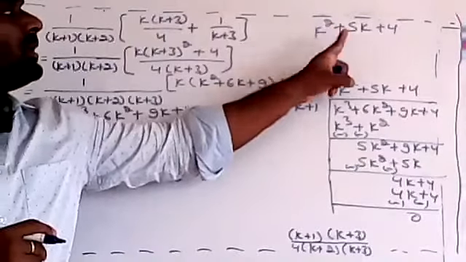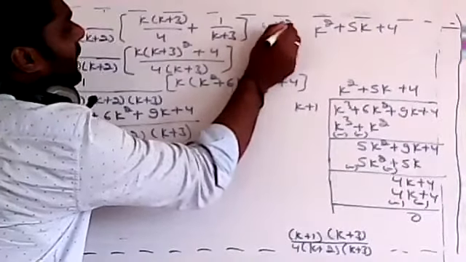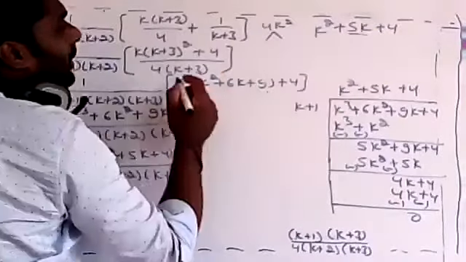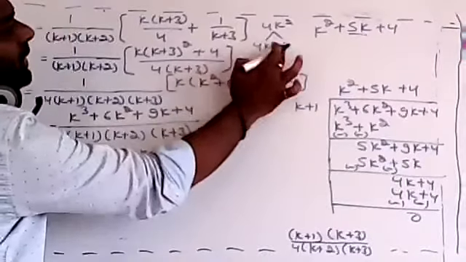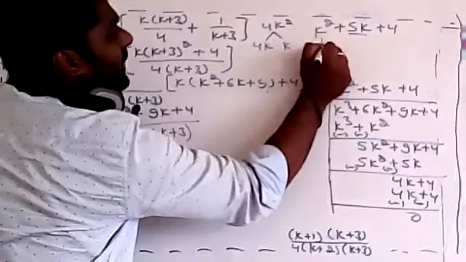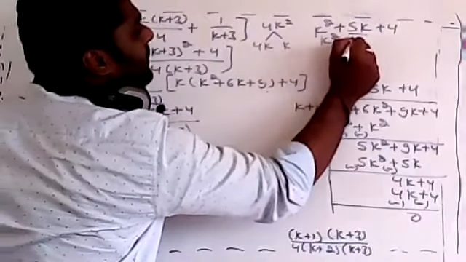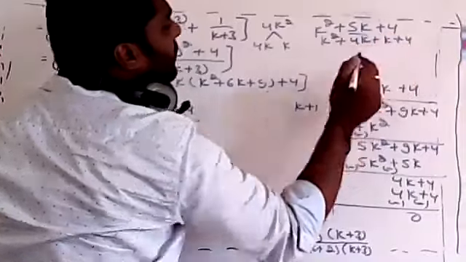To solve that one, 4k square we will get, but in the middle we want 5k, no? So 4k into k. You can check here, 4 into 1 is 4, k into k is k square, plus into plus is plus. So if you write this one, k square plus 4k plus k plus 4.